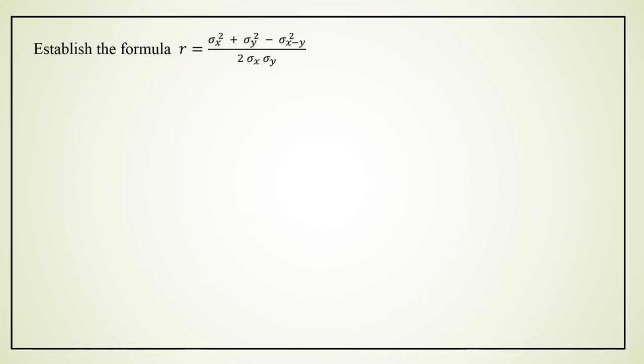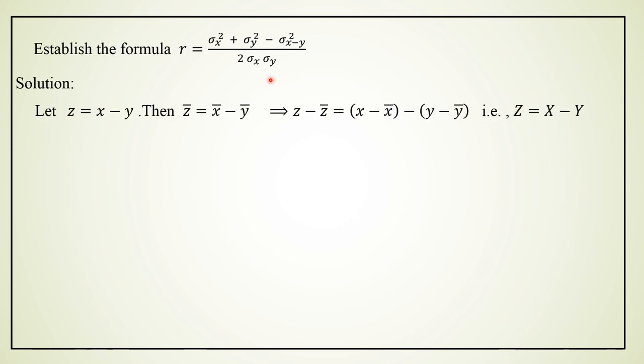Next we will derive the formula that the coefficient of correlation r is given by sigma x square plus sigma y square minus sigma x minus y square divided by 2 sigma x into sigma y. So let me just consider z is equal to x minus y, so that z bar indicates the mean of z, that is equal to x bar minus y bar.